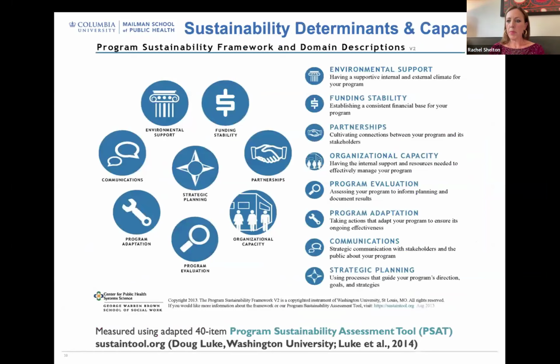I've mostly used the public health version, the Program Sustainability Assessment Tool, the PSAT. It has different domains, about 40 items, getting at a lot of the same issues we've been talking about: partnerships, funding stability, organizational capacity, evaluation, strategic planning, environmental support. So this is a great tool.